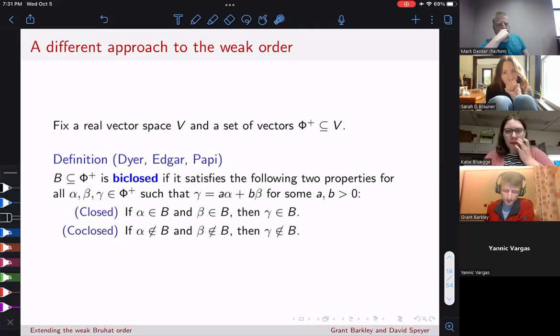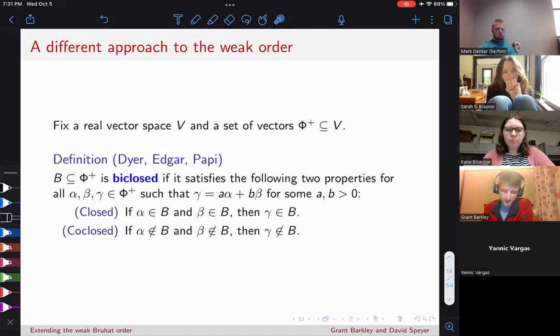Both of these properties relate to triples of vectors such that one is in the positive span of the other two. If gamma is in the positive span of alpha and beta, then the closed condition says that if alpha is in B and beta is in B, then gamma is in B. And the co-closed condition says that if alpha is not in B and beta is not in B, then gamma is not in B. Instead of calling it co-closed, you could call it open, because all co-closed is saying is that the complement of B is closed.